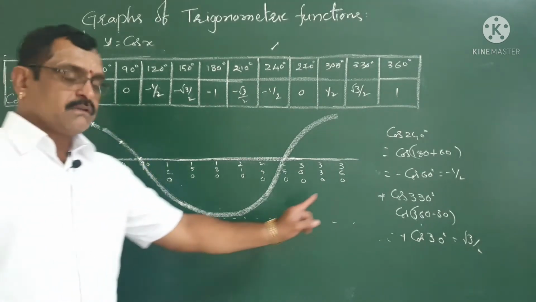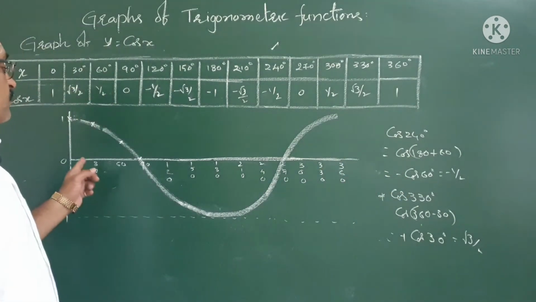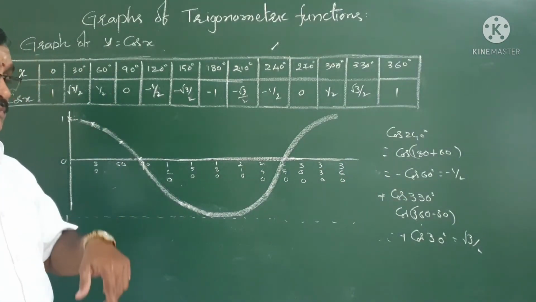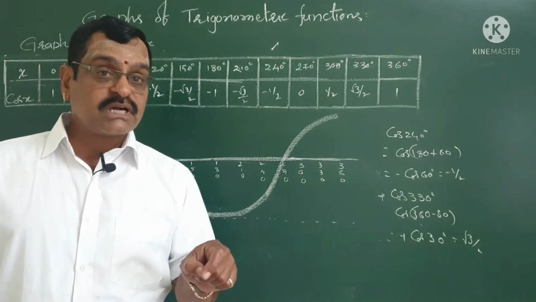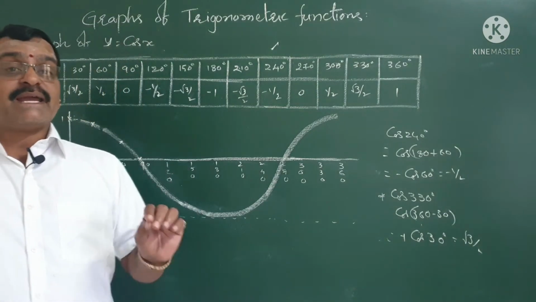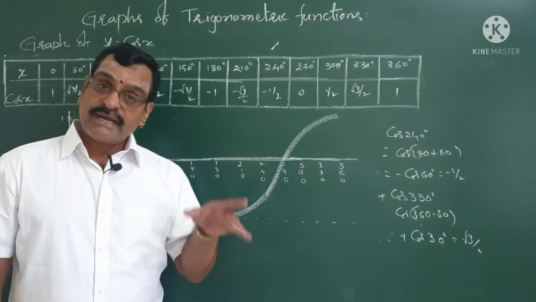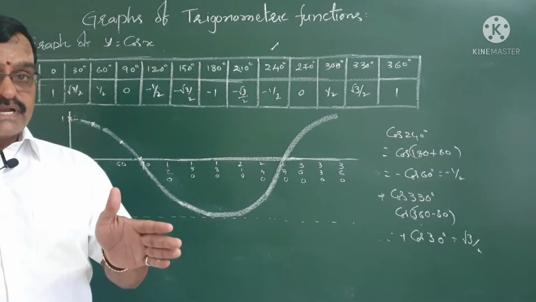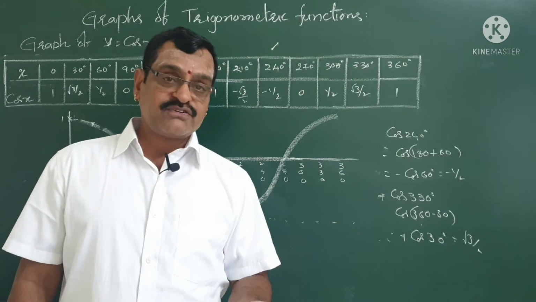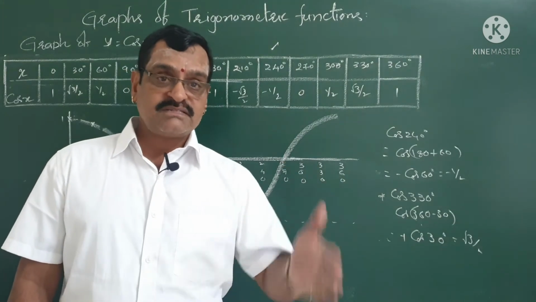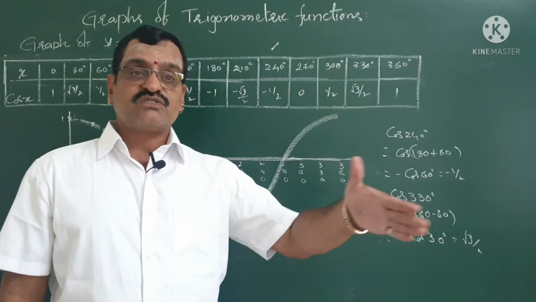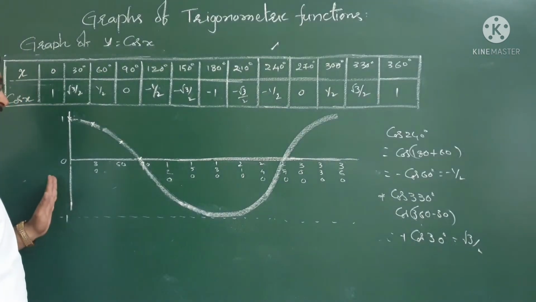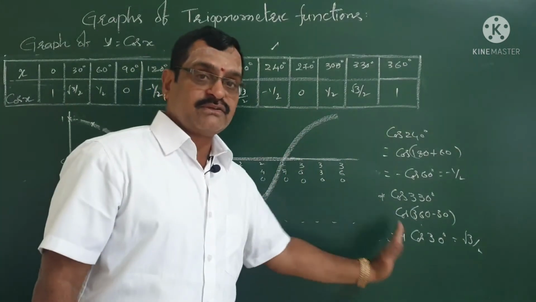Like that, I plotted all the points. I joined all the points with a smooth curve, not with line segments. Why? Because cos is continuous, no break, and cos is differentiable, no sudden changes. It goes very smoothly. So this is the graph between 0 to 360 degrees.